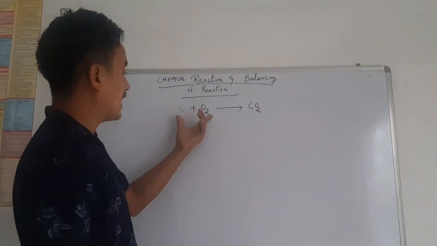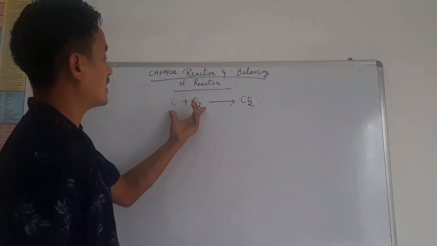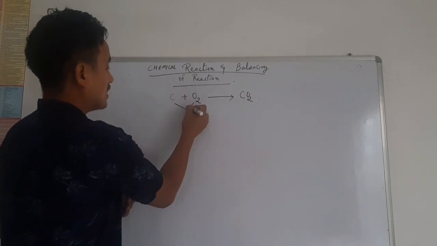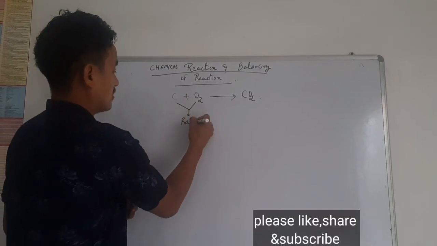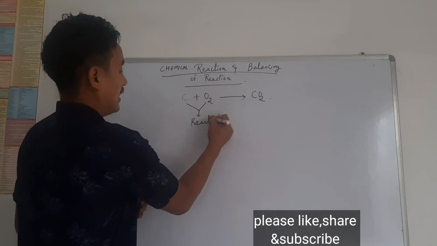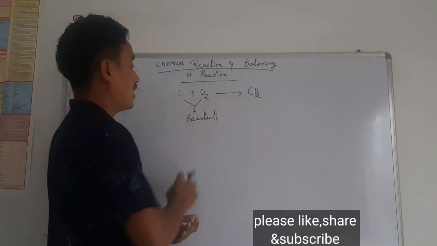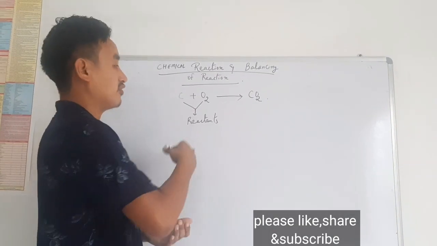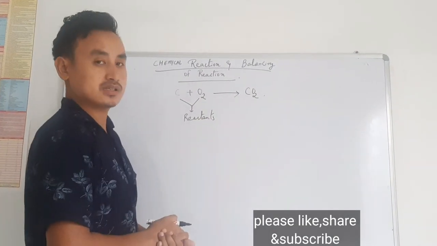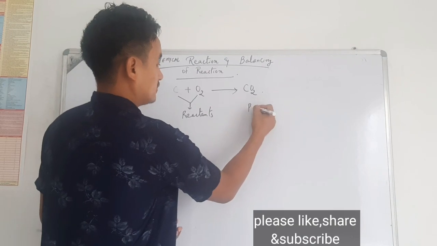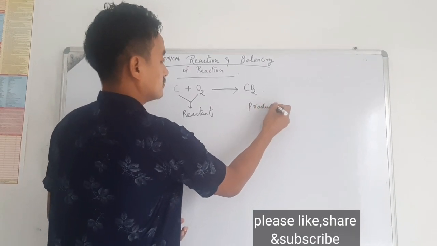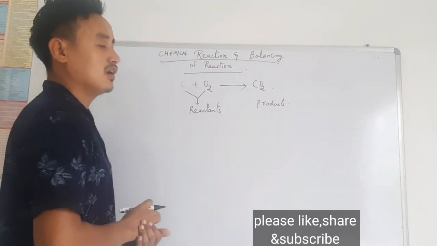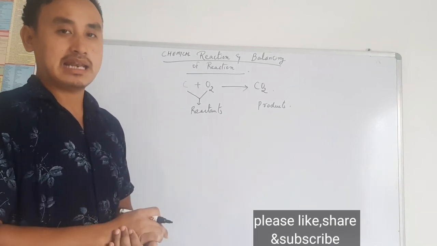The reactants, which are on the left-hand side, are called the reactants. And the substances that are formed as the reaction proceeds are called the products.